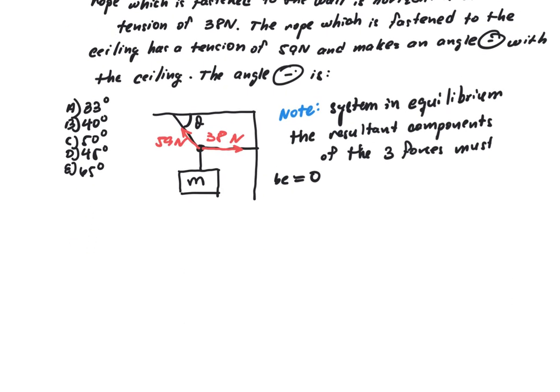So we're just going to use our cosine theta of the 38, which is adjacent to the hypotenuse.